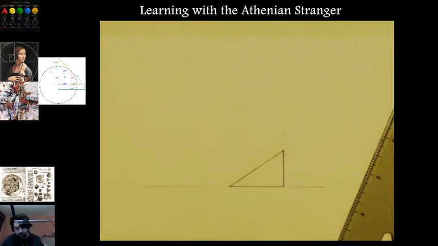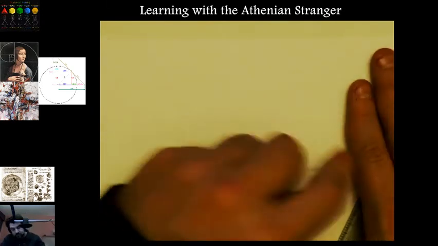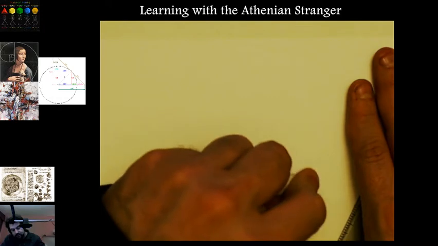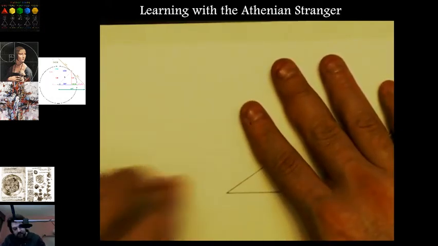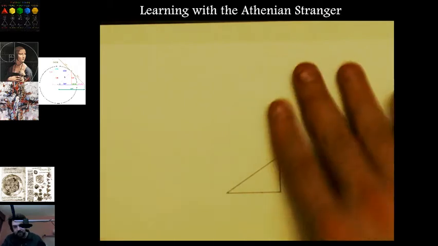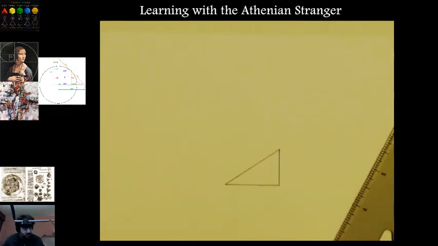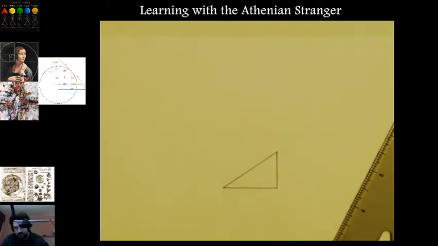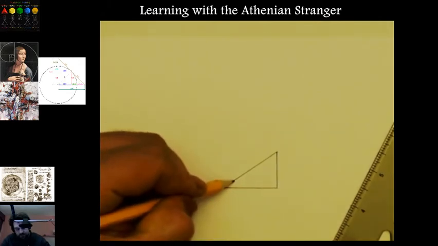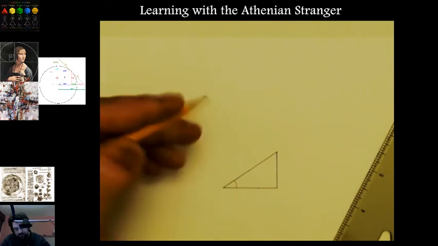Okay. We can erase this construction line. That's why it's important to make it nice and soft so it can be erased. And all you're left with is the triangle, which is an approximation. We didn't use sacred geometry to find it, but it's close enough for government work.